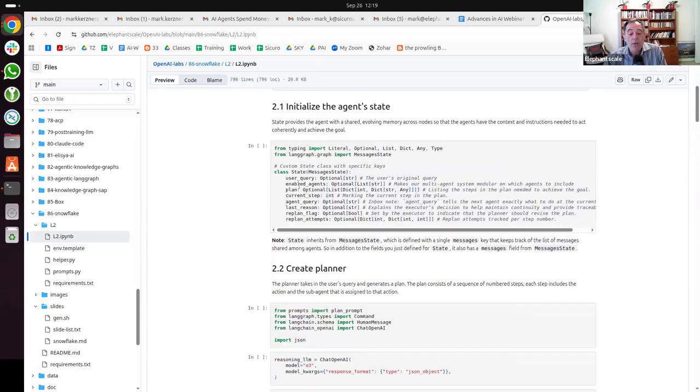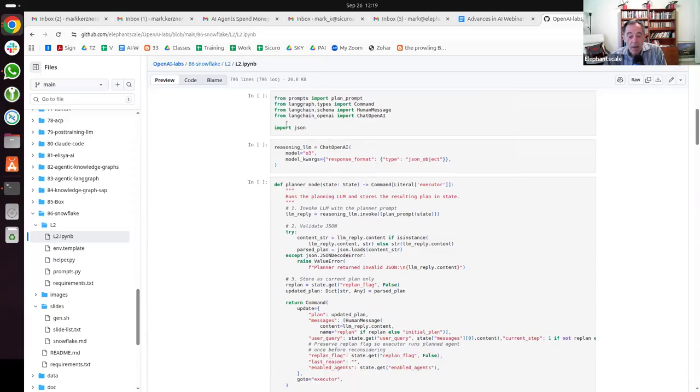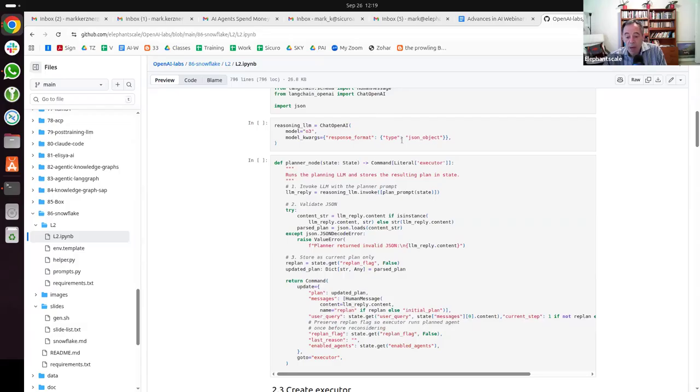Then we will use the state. We will have the planner, okay? And we will be using LangChain for all of the connections. So we'll be using OpenAI. Okay, so by now you can safely say nothing new, but it's a good practical example of building something.